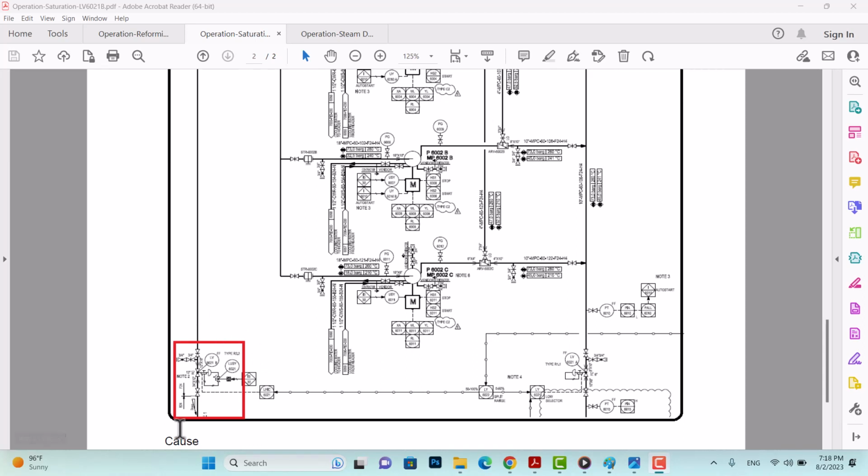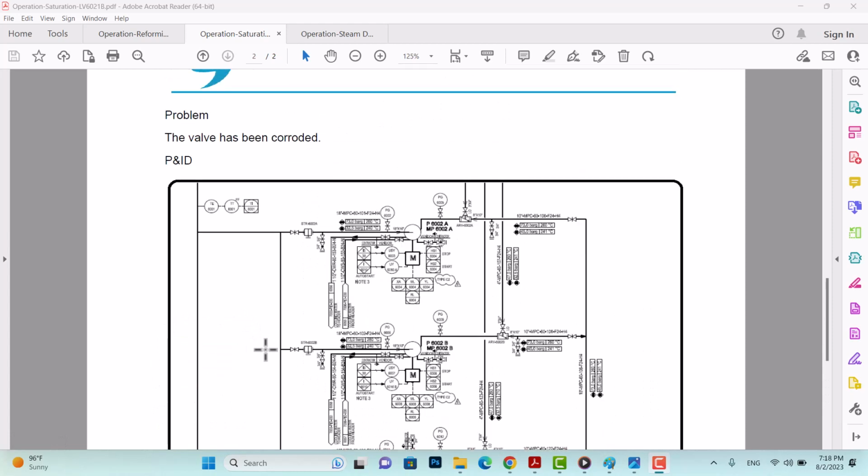Because of the startup activities, sometimes in order to keep the level of that storage tank or storage drum in the range, we have to use this line to transfer some of this water to the deaerator.